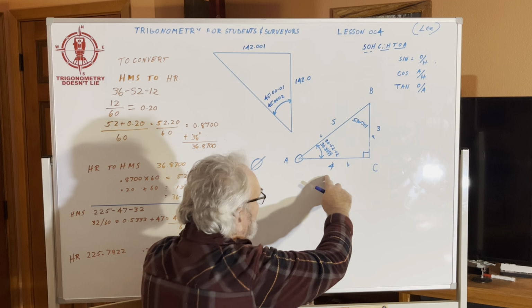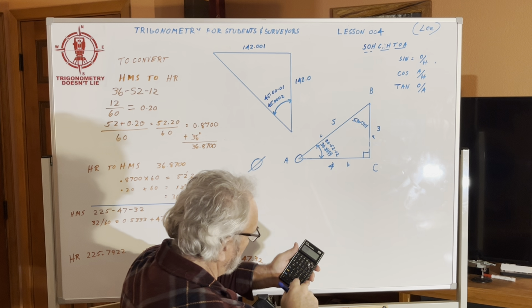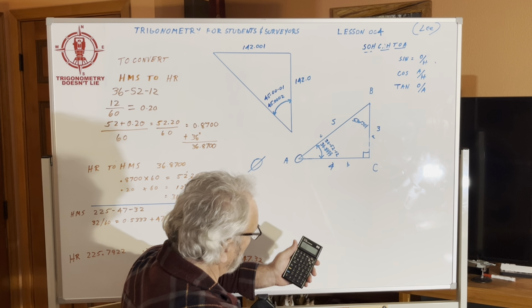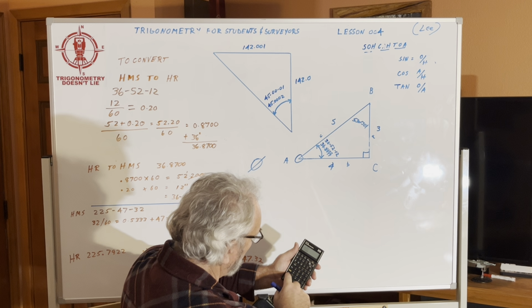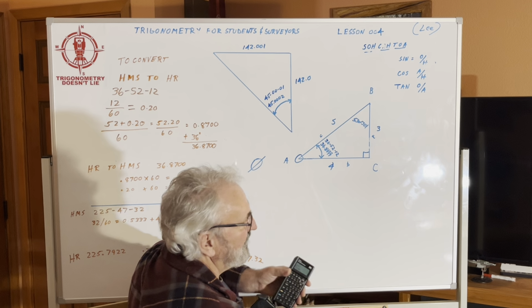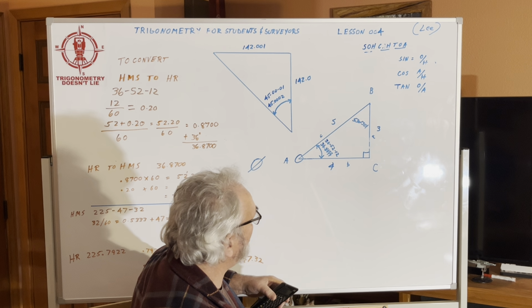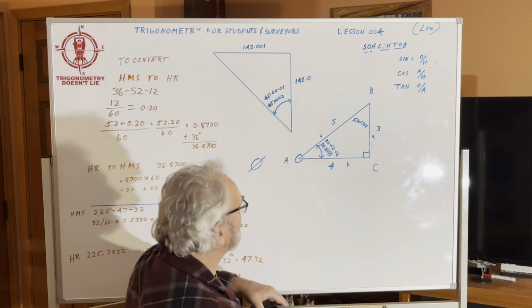Let's go 4. This time we're going to do the long side divided by 3. We'll go 4, enter, 3, divide, 1.33. We did that already. Now we're going to go arc tangent. 53.1301. That's how we got that. I believe that's called the cotangent. So you can do it with the tangent. You can't do it with either sine.